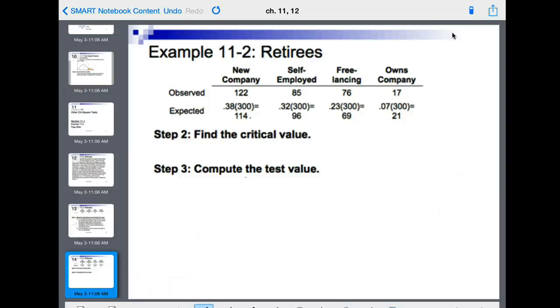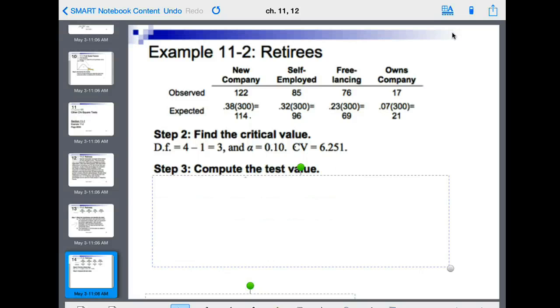Now our critical value on here: degrees of freedom, there are 4 groups, minus 1 is 3, alpha 0.10, we get 6.251 as our critical value. Now if we test our test value, oops, wrong button.